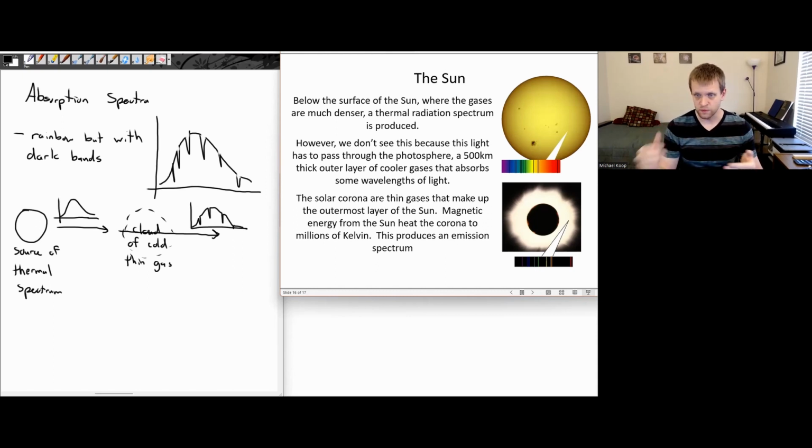But right now, there's some way that magnetic energy from the sun is driving these outer layers of the sun's atmosphere to get very, very hot, millions of Kelvin. And that solar corona produces an emission spectrum. It's a hot, thin gas. And if you look at the light just from that corona, you're going to see those individual bands of color on a dark background, one of those emission spectra.